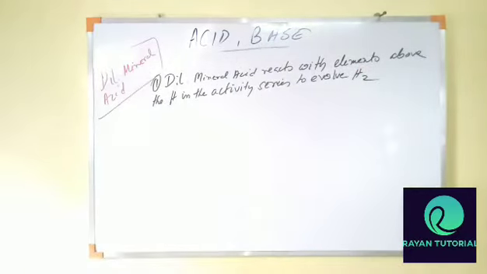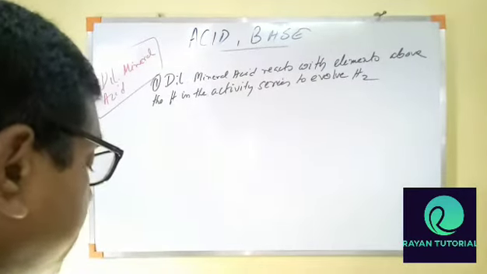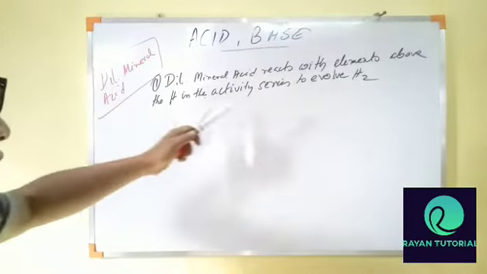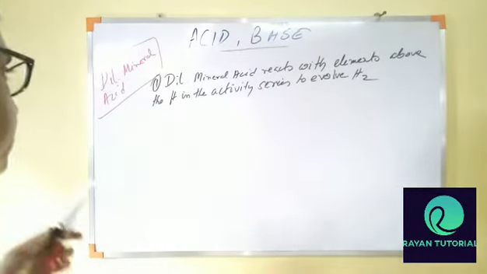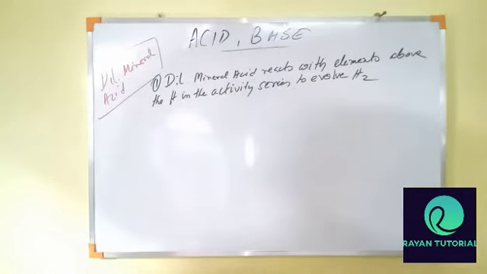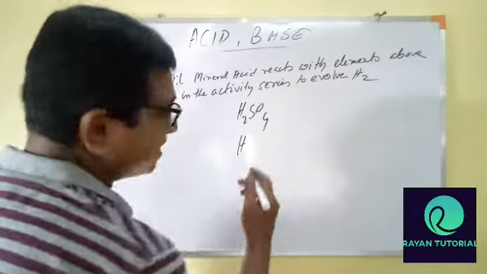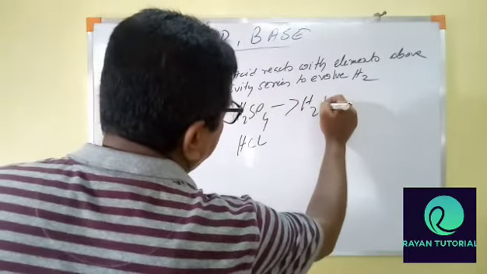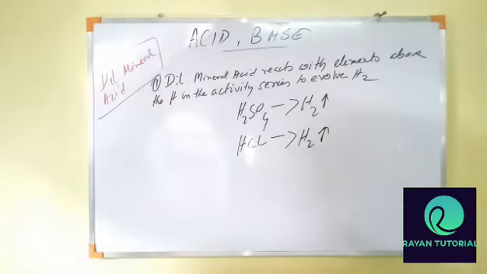Clear? Understood? Now which one is a dilute mineral acid? Sulfuric acid, hydrochloric acid. Sulfuric acid is also a mineral acid; put water in it and it becomes dilute. So it evolves hydrogen when it reacts with elements above hydrogen in the table.